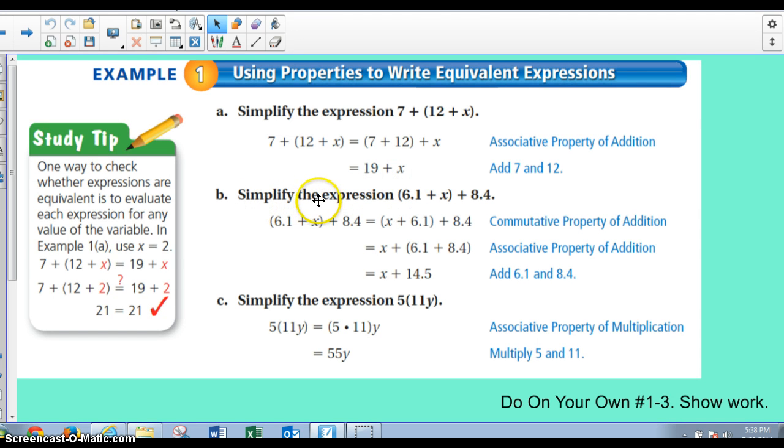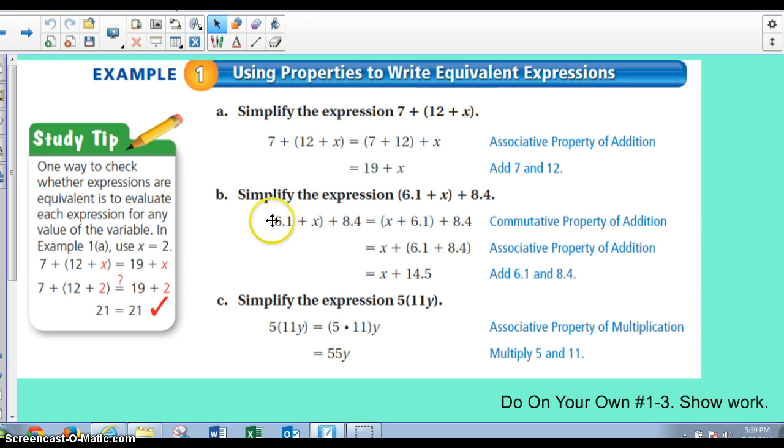B, simplify the expression. Okay, so first, we know we can do the commutative property of addition. In other words, I can take this x and move it all the way over on this side because I can flip this around no problem. I can make the problem x plus 6.1 plus 8.4. I didn't move the parentheses at all yet.